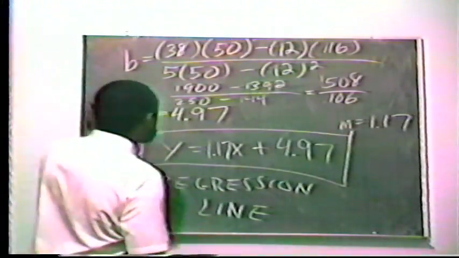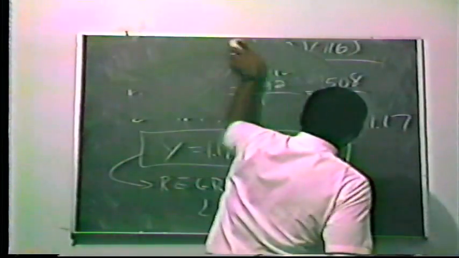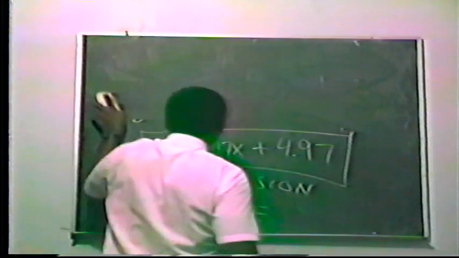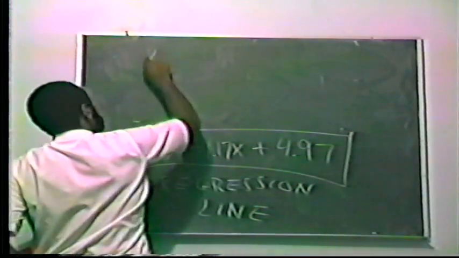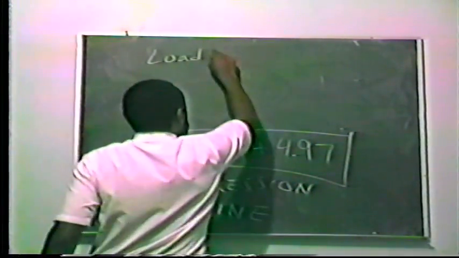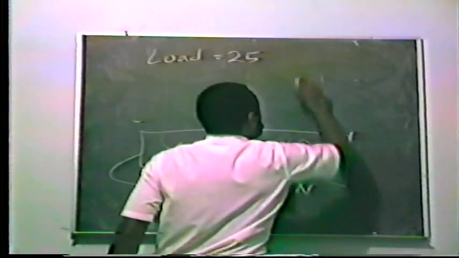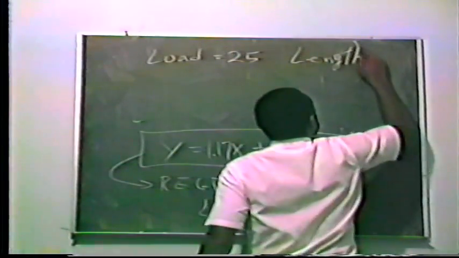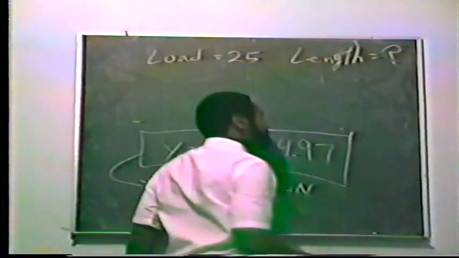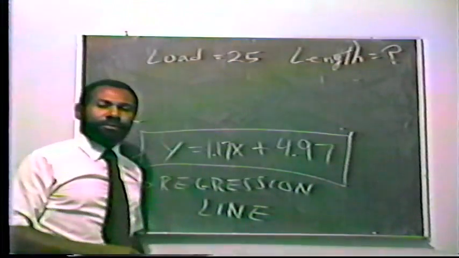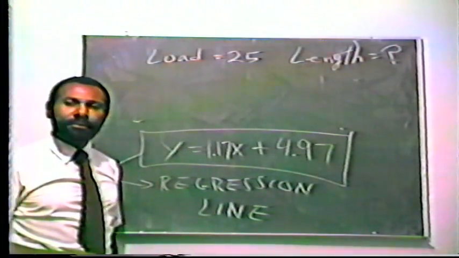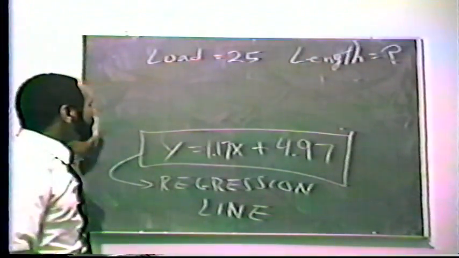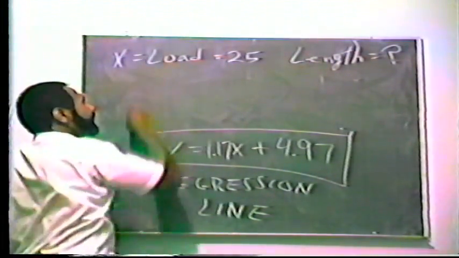For example, if we wanted to know the length of the spring if we put a load of 25 pounds on it, we want to know the length of the spring. So to do this, recall that the load represents x.